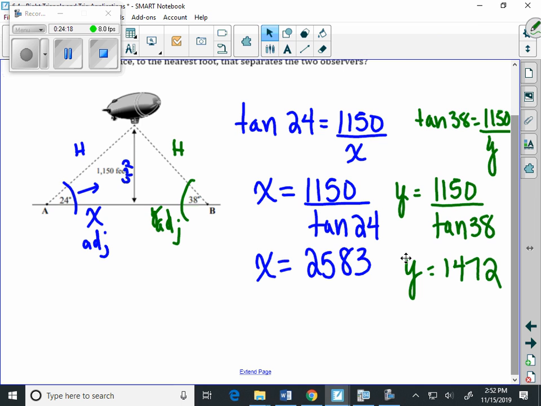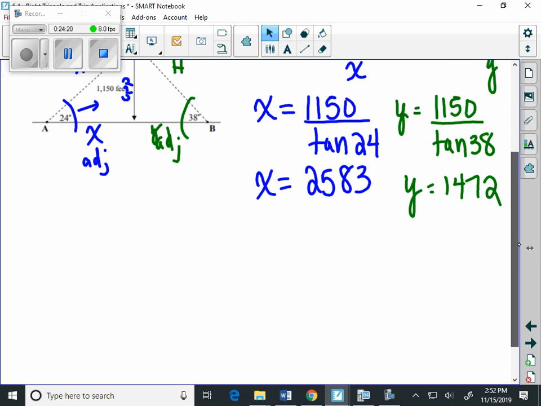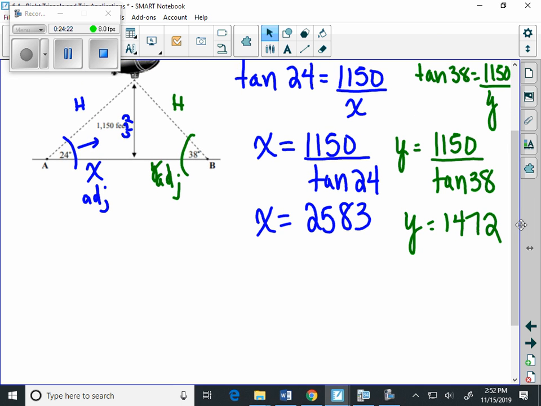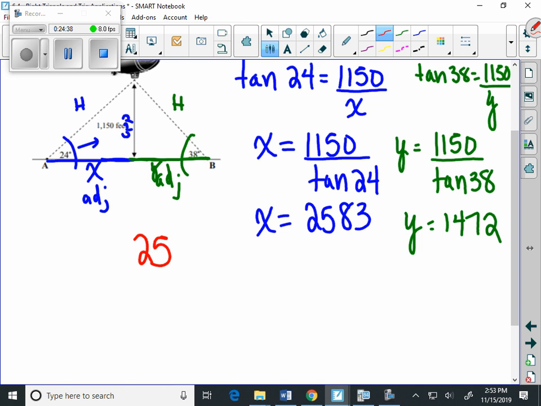And then lastly, what we need to do is take those two values, because this distance from A to here is 2,583. And the distance from here to here is 1,472. So we need to add those together. 2,583 plus 1,472.